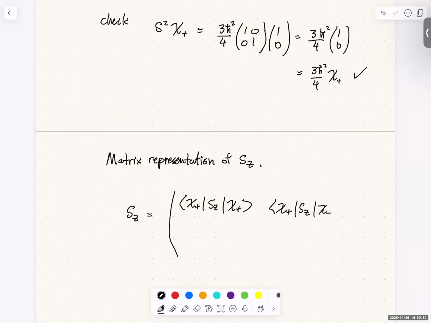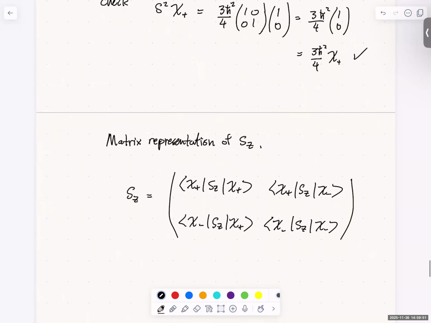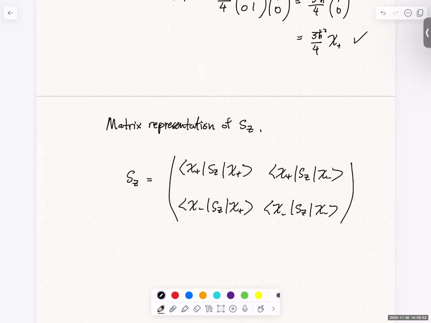It just requires a willingness and an investment in time to do it. Okay, this is going to be chi plus Sz chi plus, chi plus Sz chi minus, chi minus Sz chi plus, chi minus Sz chi minus. Well, this is the spin-up state.